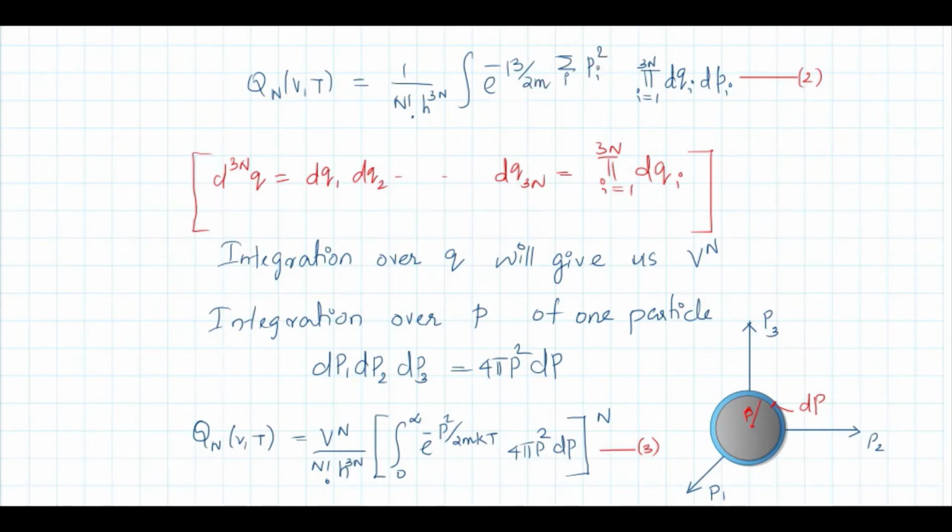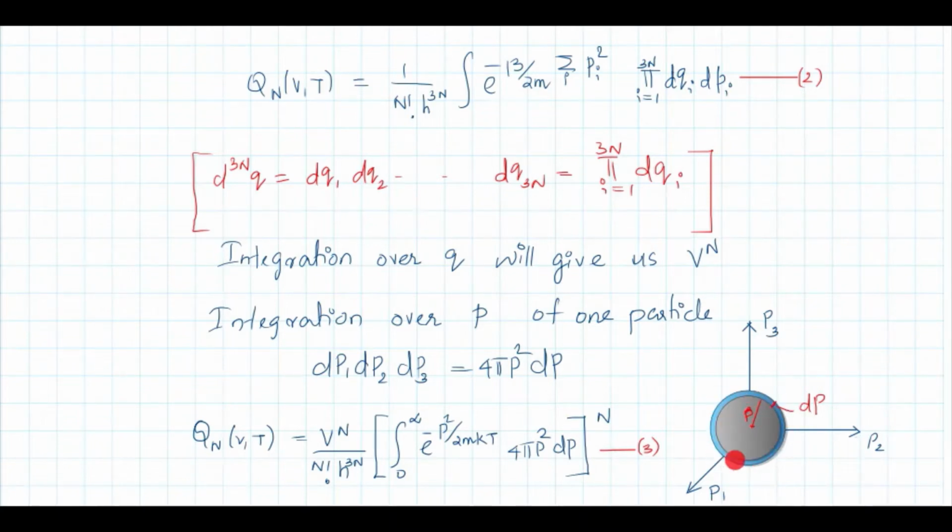So now we will proceed with a single particle case. Consider a system of one particle. Then we have the volume element dp1, dp2, dp3, where p1, p2, p3 are its momentum along the x direction, y direction, and z direction. So you consider the momentum space p1, p2, p3, and you consider a sphere of radius p. The volume of that sphere is 4 by 3 pi r cubed, and the surface area of the sphere is 4 pi p squared. 4 pi p squared multiplied with this thickness dp will give you the volume of this shell, this blue region.